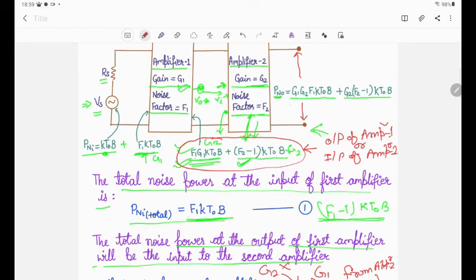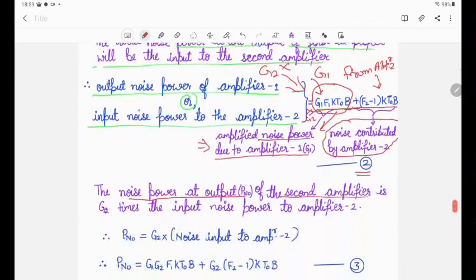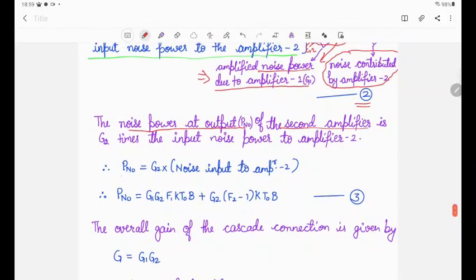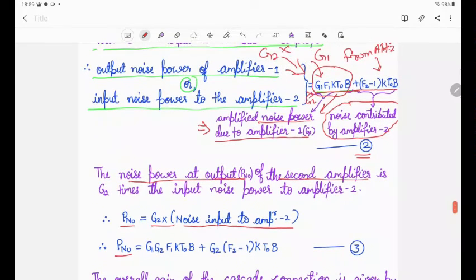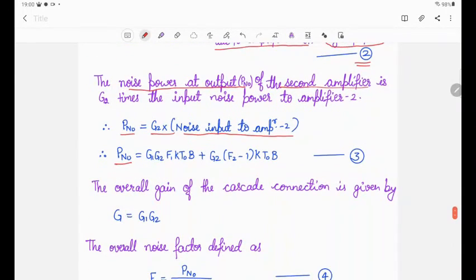So whatever is at the input of amplifier 2 will be amplified by its gain, and we get the total noise output. The same is written here: PNO is equal to G2 multiplied by the noise input of amplifier 2. So we can write G1 G2 F1 KT0B plus G2 (F2 minus 1) KT0B. This is equation number 3.